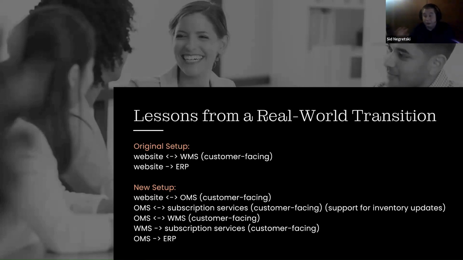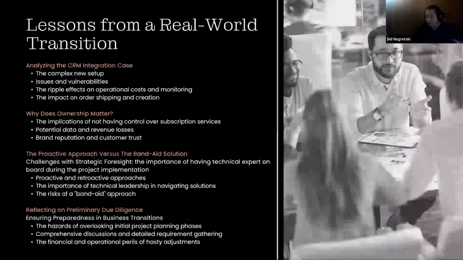On top of it, chances are during these transitions there were challenges around technical leadership as well. The reason I'm saying it, and I've underlined it a little bit before, is that there is this integration between the OMS and subscription services, which makes sense. You have third-party subscription services that want to generate an order, and they submit it over into the OMS.